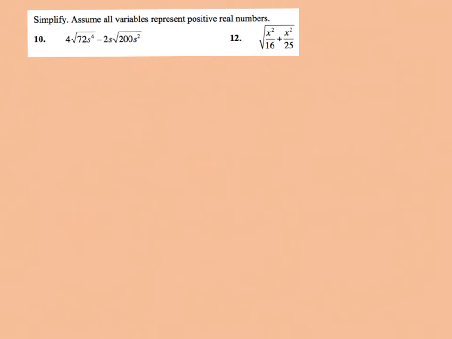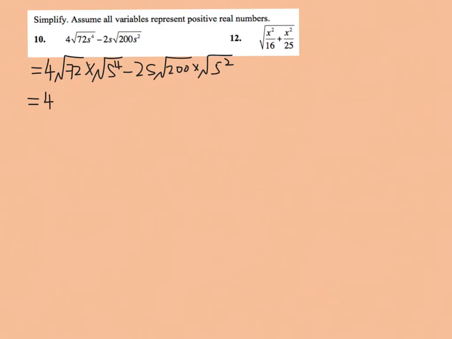So we can now rewrite the radical term as a product of two radicals. So we have 4 square root of 72 times square root of s to the 4th minus 2s root 200 times root s squared.